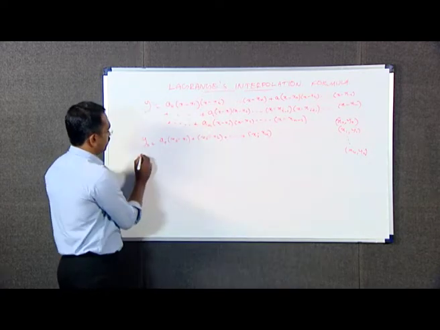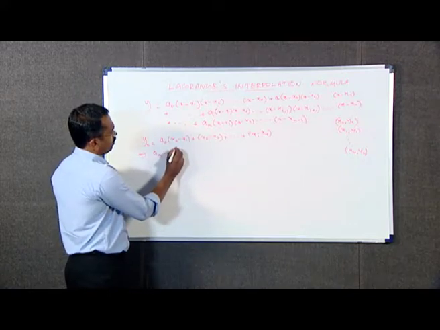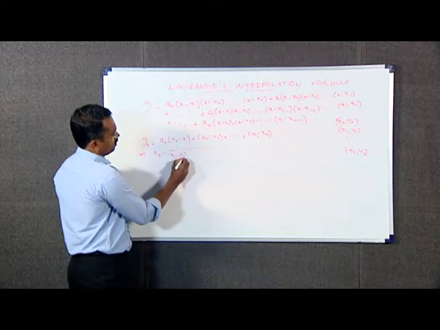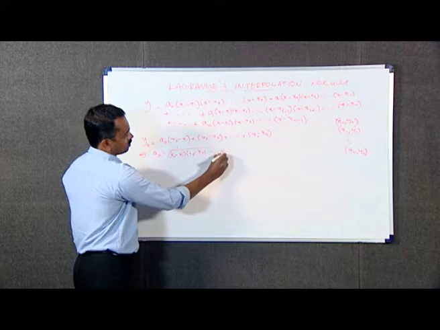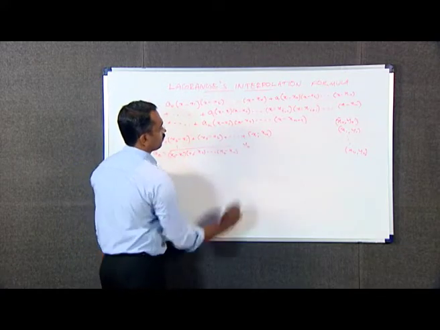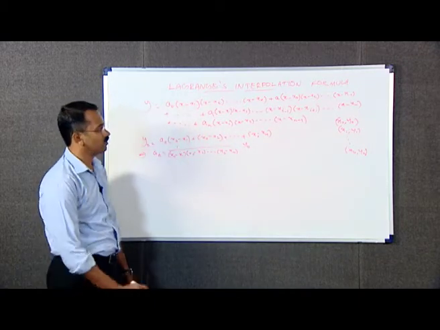This gives a0 is equal to 1 by (x0 minus x1)(x0 minus x2) etc. (x0 minus xn) into y0. This is the value of coefficient a0.